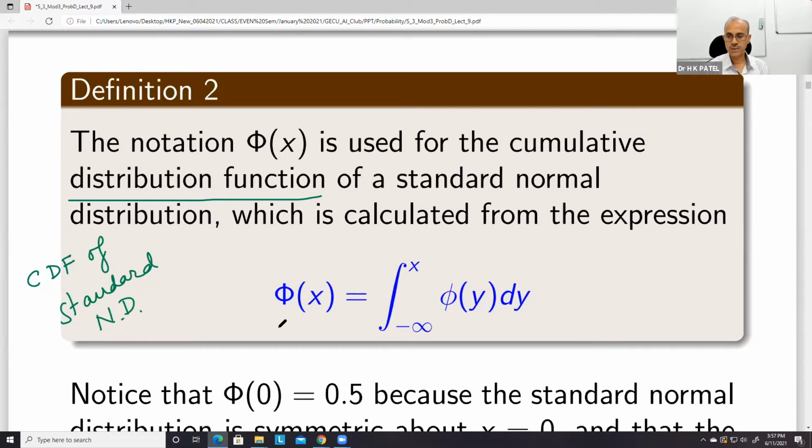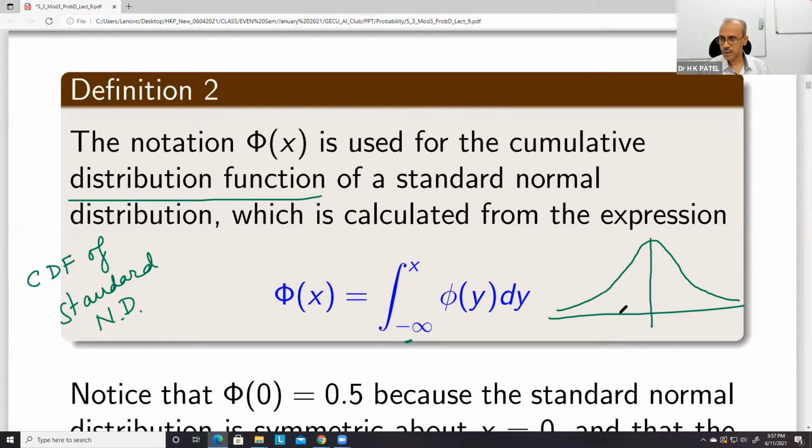Now, once we say CDF, for example, we know that this distribution graphically looks like it goes like this. So CDF means this will start from minus infinity.